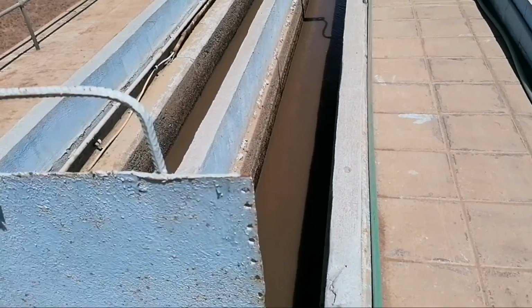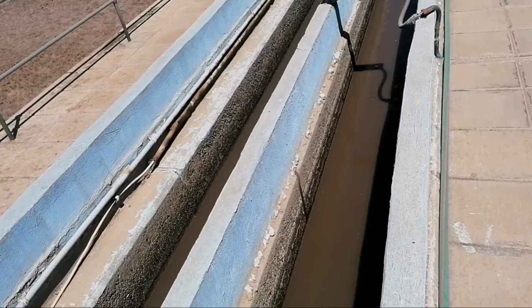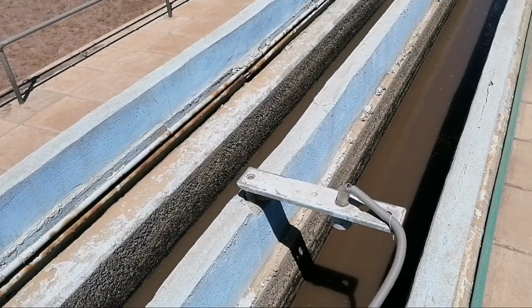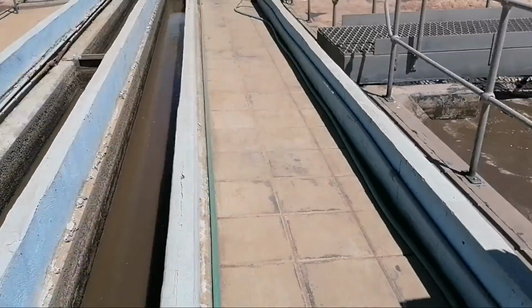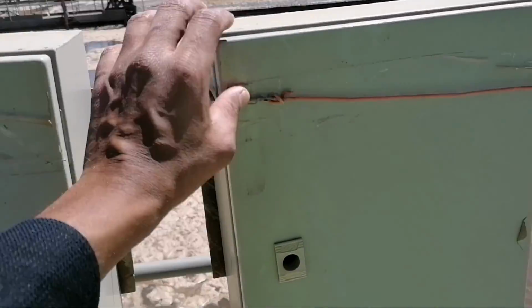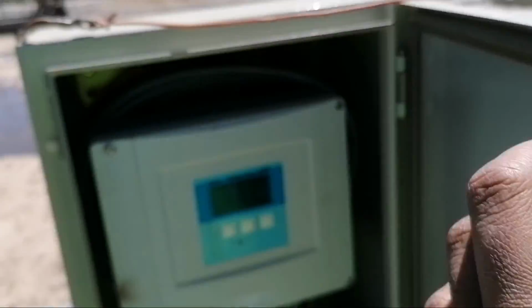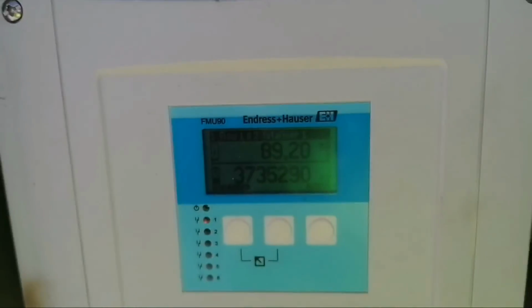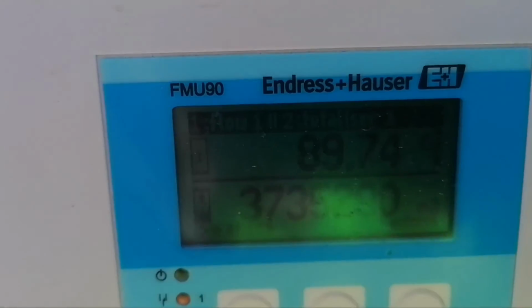Once the water goes past the gate, it continues. This flow meter is for aeration tank 2. So we have seen that the aeration 1 and 2 inlets have separate flow meters. This is the flow transmitter, so we can measure how much water is going into tank 1 and 2. This is tank 1.